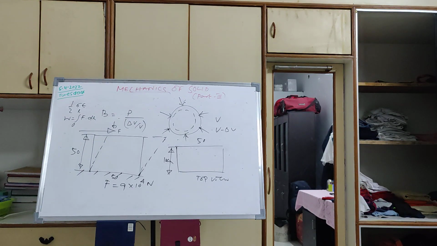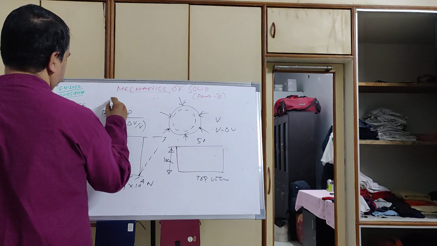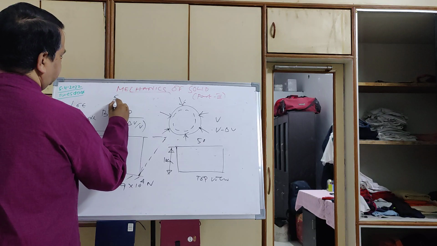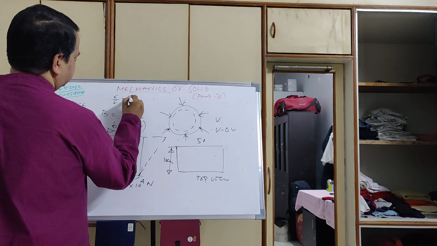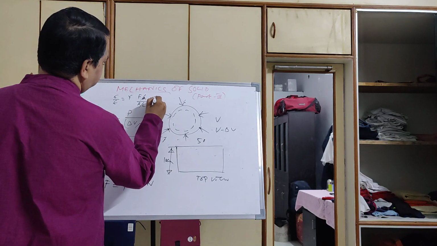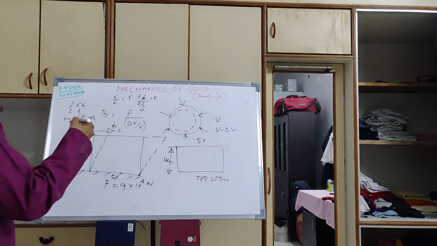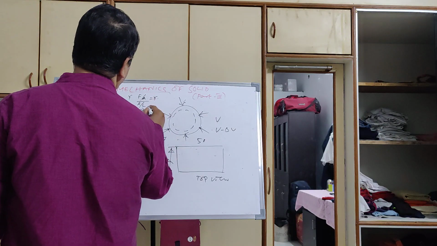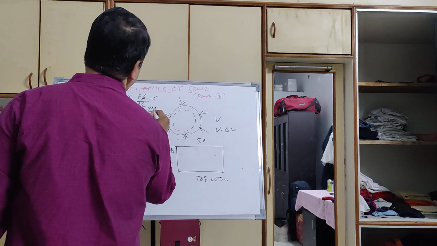So you know what force is: stress by strain is equal to Young's modulus, so F by A divided by small l by capital L is equal to Y. So F is Y A small l by capital L.